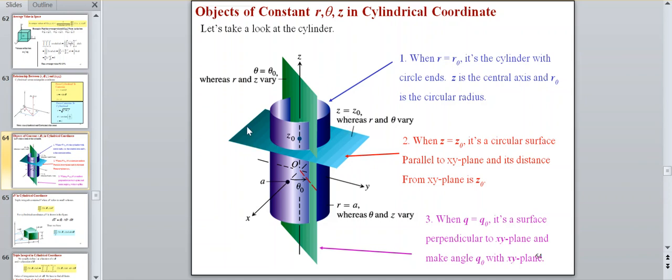This equation is independent from r and theta. So r could be anything, and theta we can rotate. So it covers a two-dimensional surface parallel to the xy plane, which is the plane z equals z0.